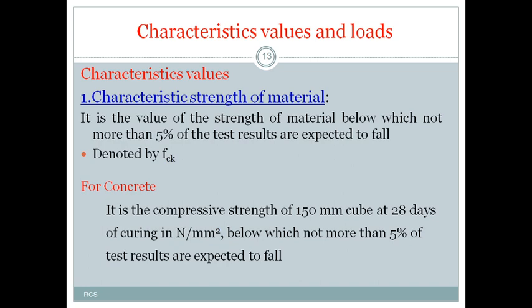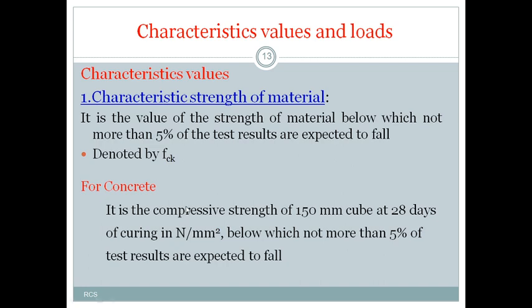Similarly, we can define what is the characteristic strength of concrete. It is the compressive strength of a 150 mm cube at 28 days of curing in Newton per mm square, below which not more than 5% of test results are expected to fall.